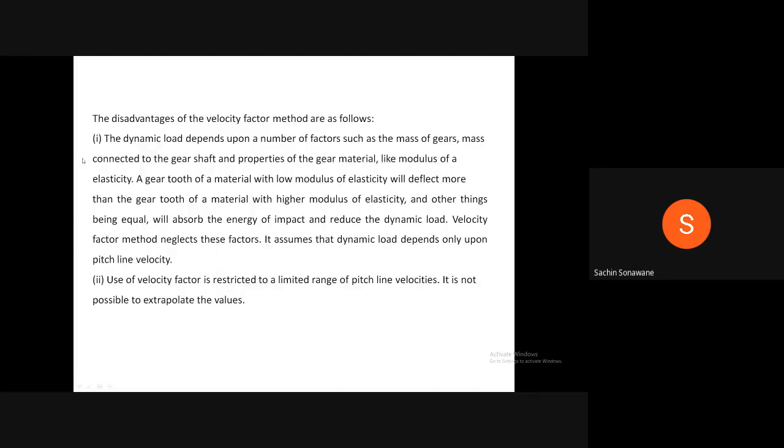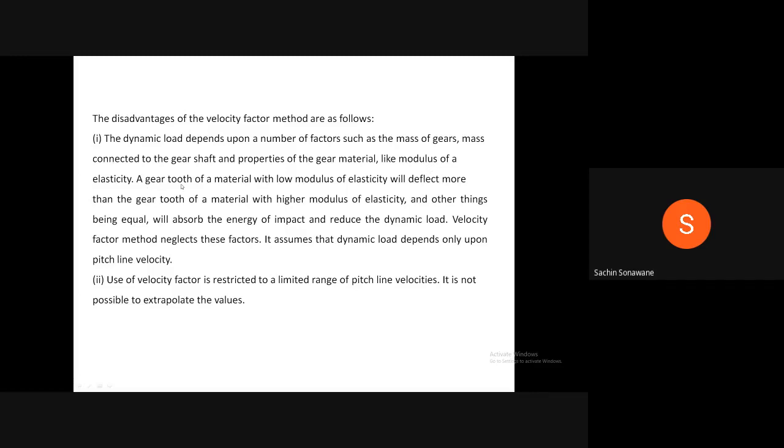The disadvantages of the velocity factor method are as follows. First, the dynamic load depends upon a number of factors such as the mass of gears, mass connected to the gear shaft, and properties of the gear material like modulus of elasticity.